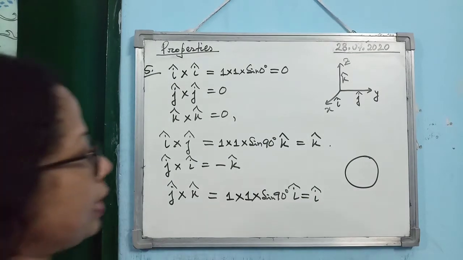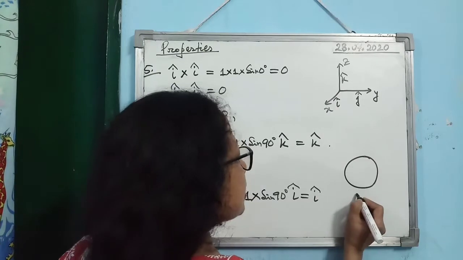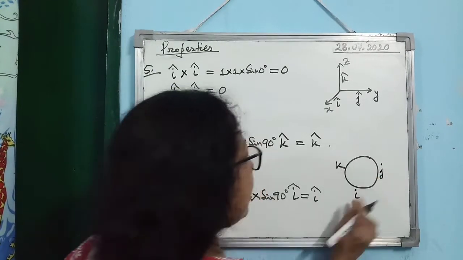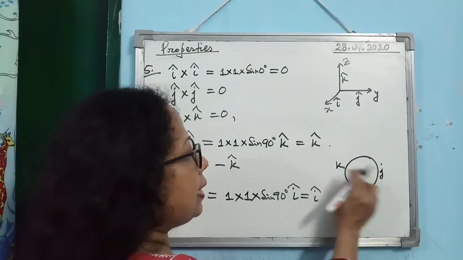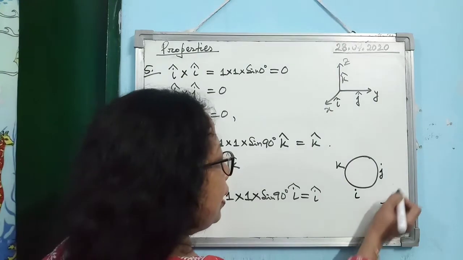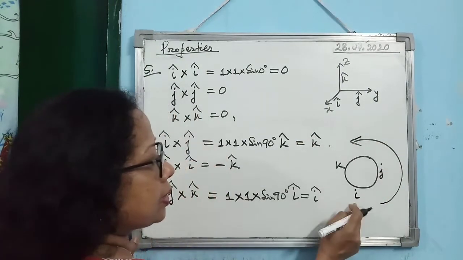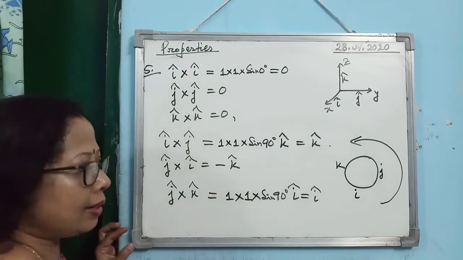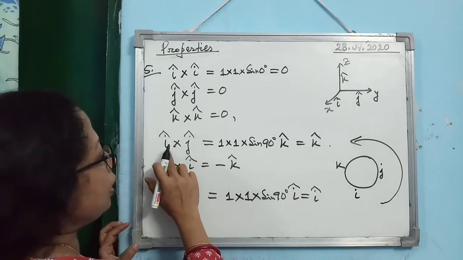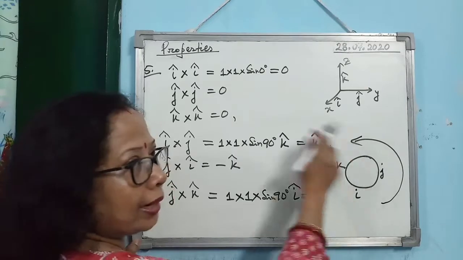Now here what you will do: draw a circle, then in the anti-clockwise direction write down the three vectors i, j, k. Just see how I have written it, in the anti-clockwise direction: i, j, k. Clear?